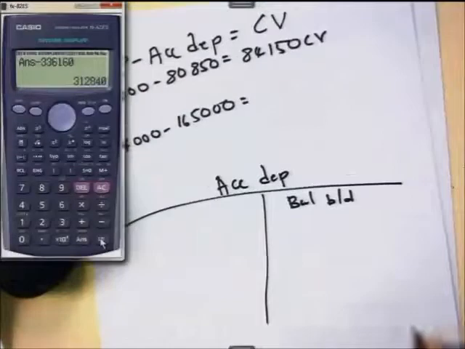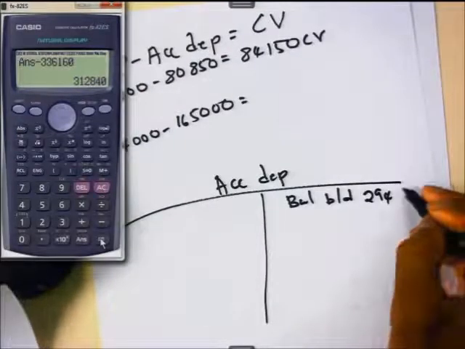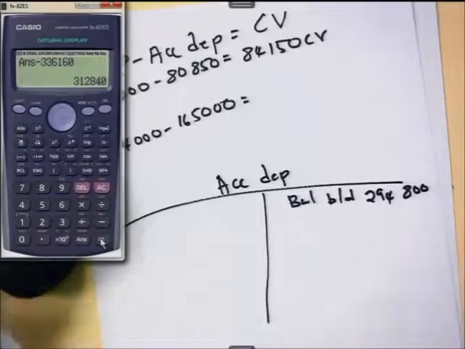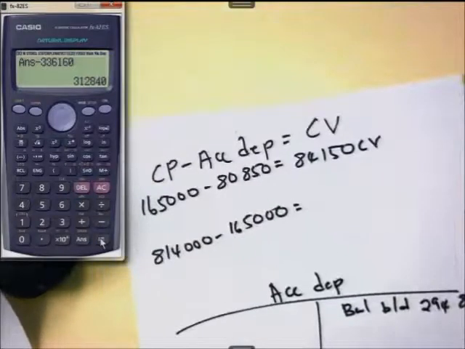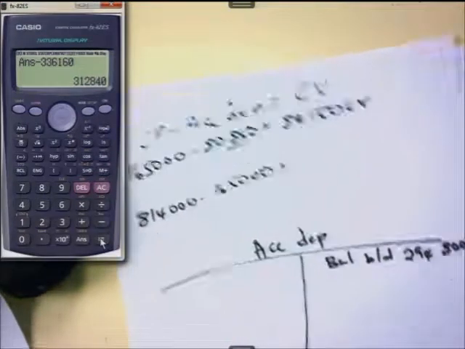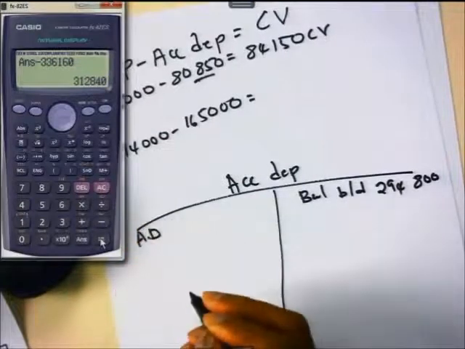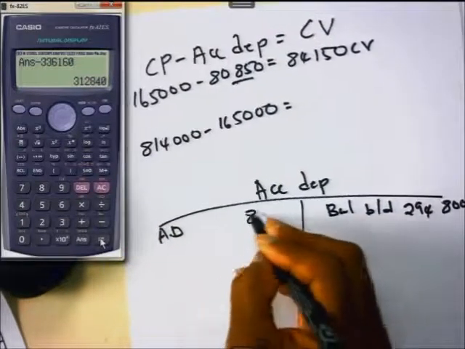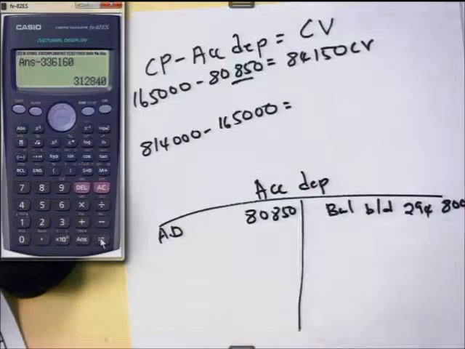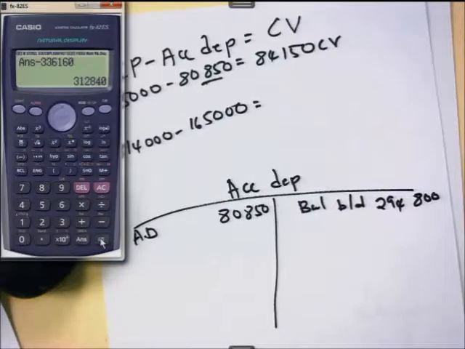So we'll have it there, 294,800. And then we also calculated accumulated depreciation of the sold asset. If we prepare the ledger, we'll say the asset disposal, 80,850. That is accumulated depreciation of the sold asset.